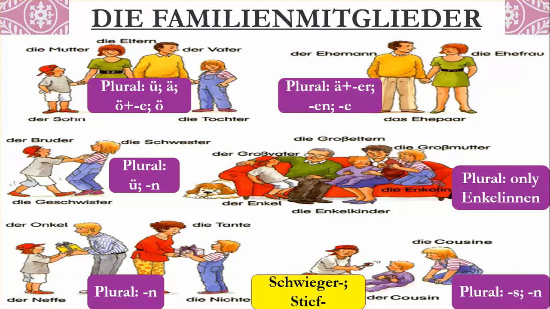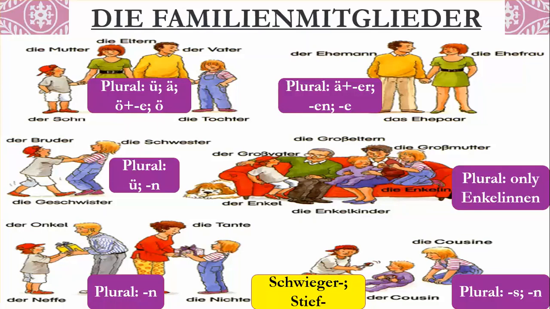Also just note that we will add the word Schwieger before any of these family members to mean that we are referring to the in-laws. So for example, Schwiegervater is father-in-law.